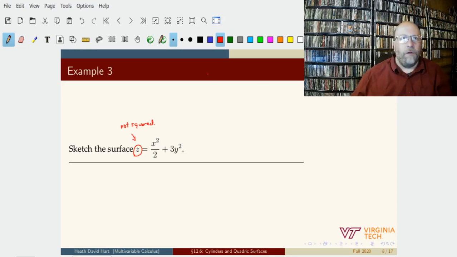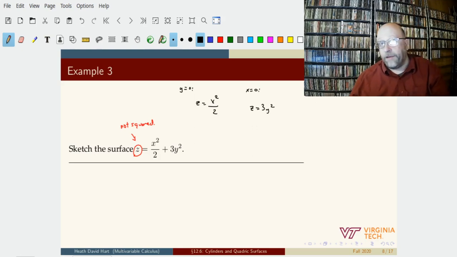Okay, so let's do what we did before. Let's start with the traces. So let's look at the trace z equals x squared over 2. That's if we set y equal to 0. If we set x equal to 0, let's do that one next. We get z equals 3y squared.